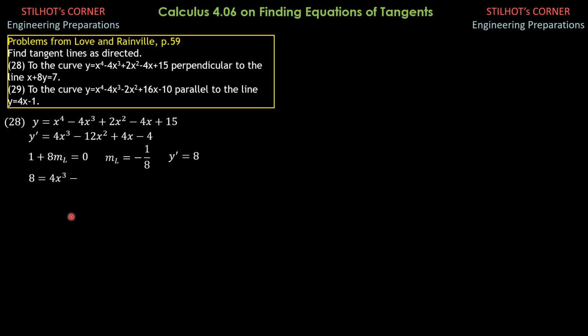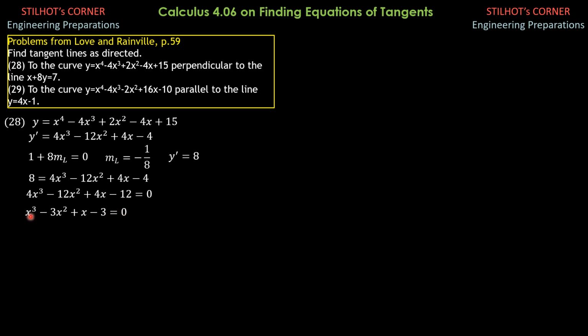8 equals 4x cubed minus 12x squared plus 4x minus 4. So 4x cubed minus 12x squared plus 4x minus 12 equals 0. Dividing everything by 4, x cubed minus 3x squared plus x minus 3 equals 0.